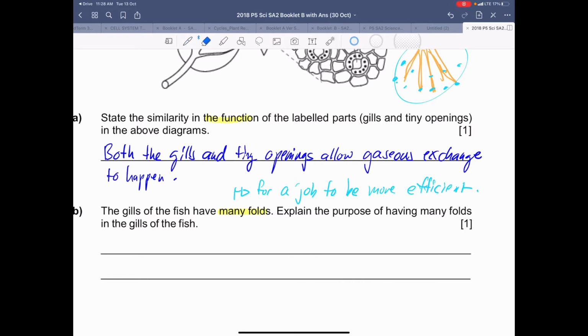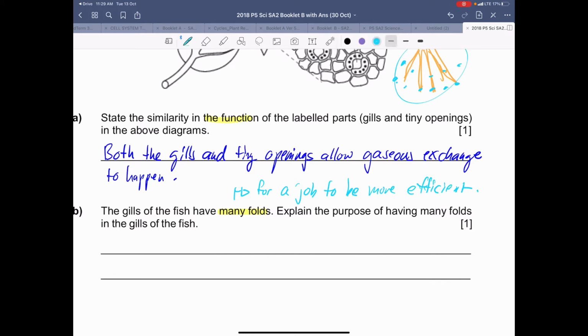Those who say increase surface area, right? It's either you all say, oh, to increase surface area, full stop. You get only half a mark. You need to elaborate. So how does having a greater surface area help with the job of the gills, which is to allow the intake of oxygen to happen at a faster rate, or allow gaseous exchange to happen at a faster rate?